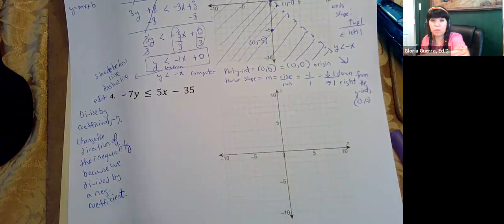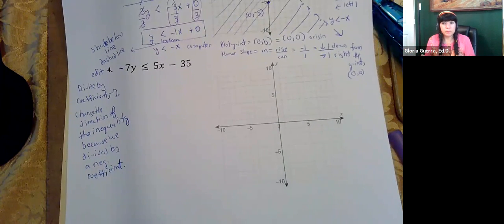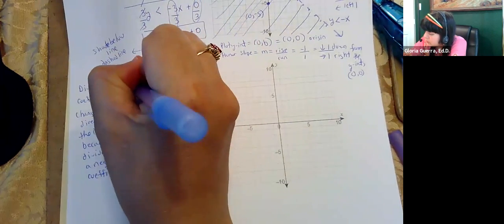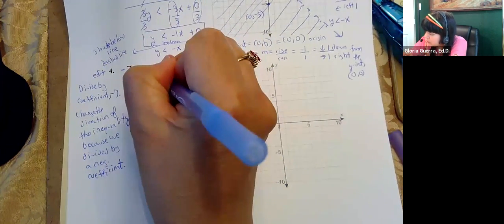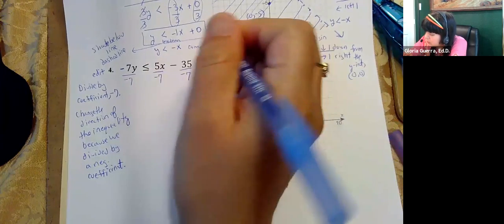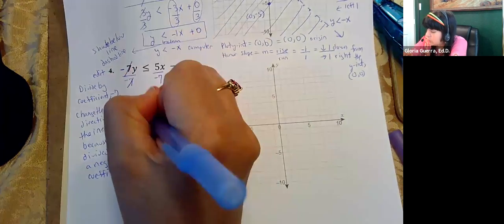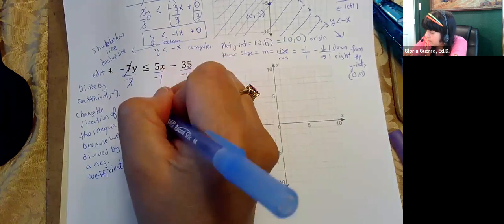The reason you're doing that is because we divided by a negative coefficient. Okay, so I divide this by -7, divide this by -7, divide this by -7. And then this will just give me y, change the direction of the inequality.